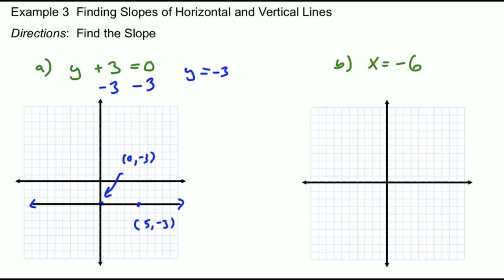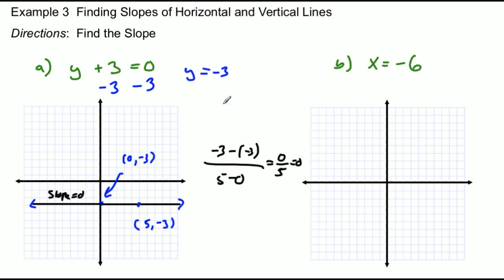So I could do -3 minus -3, and then 5 minus 0. Notice what happens. I get +3 on top, so -3 plus 3 is 0 on top, and 5 on the bottom, which is simply 0. So the slope of this line is 0.